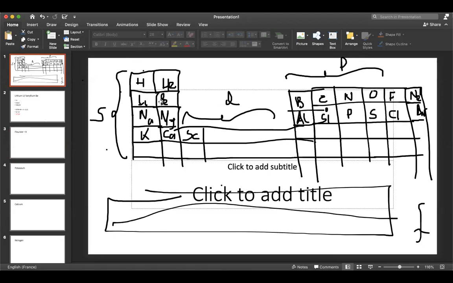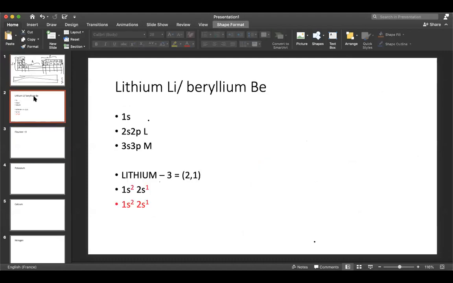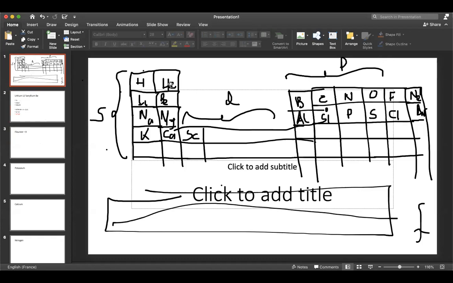Now, with the periodic table method, I said we are going to consider how many steps we are going to take to reach where lithium or fluorine is. So this is how we do it. Follow me. We have helium and hydrogen in the S block, in the first period.